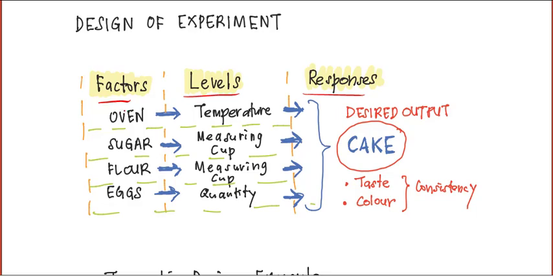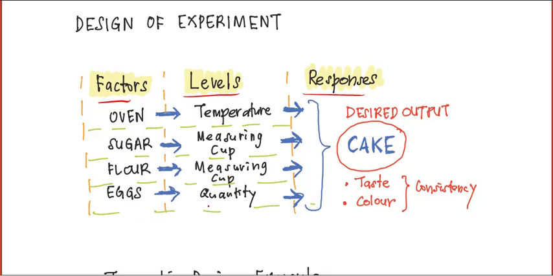So, for example, imagine in cooking a cake, we can have factors like oven, sugar, flour, or eggs, which can have different levels, like temperature, for example, for the oven. The cake can be prepared with different temperatures. The sugar's values are based on the measuring cup. The flour's amount, also based on the measuring cup, can be different levels for this factor.